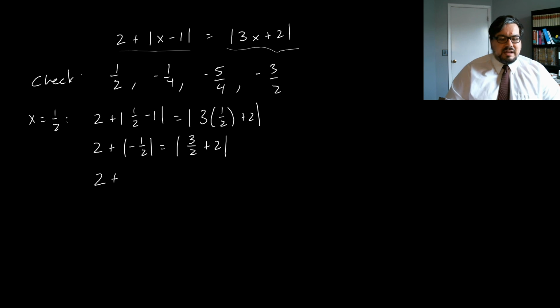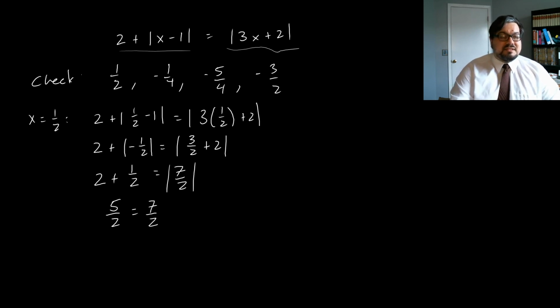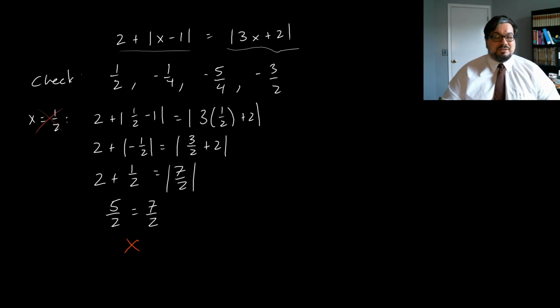So on the left-hand side here, the absolute value of -1/2 is 1/2. And 3/2 plus 2 is 3/2 plus 4/2, which is 7/2. Absolute value of 7/2. And this isn't true because 2 plus 1/2 is 5/2. The absolute value of 7/2 is 7/2. So that means that 1/2 is not a solution.